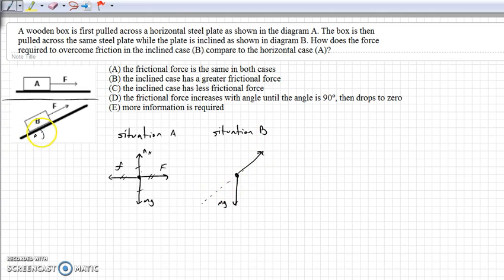So because there is an angle to the surface, which would be down here, what we're going to need to do is figure out how much of the weight is going to be into the ramp, perpendicular to the surface, versus how much of the weight is going to be parallel, down the ramp. So let's figure out what part of this weight force is going to be perpendicular and what part of this weight force is going to be parallel.